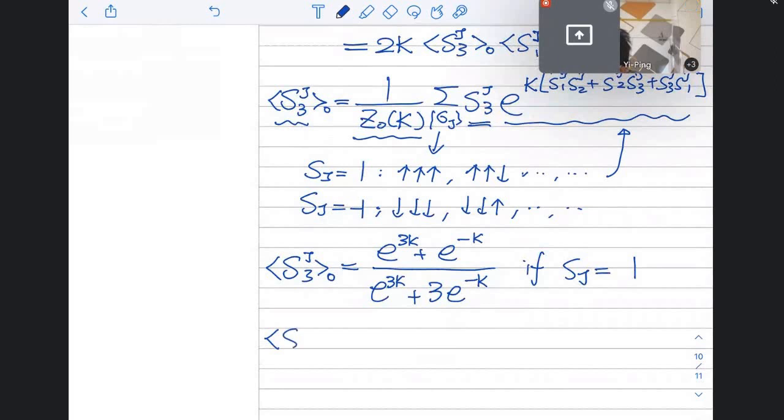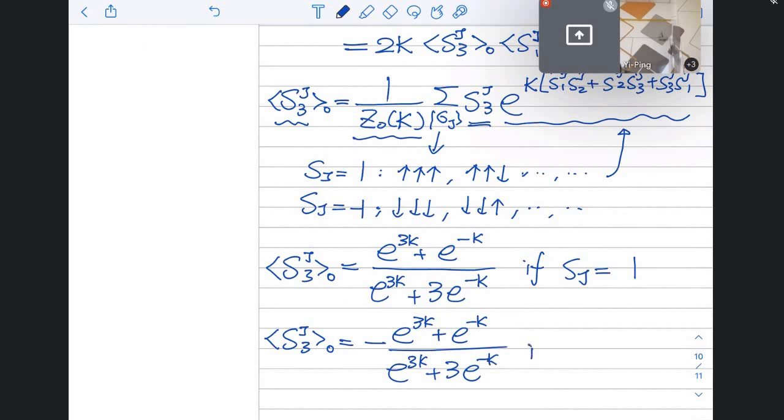And it will be equal to the other answer, which differs from the previous one by a sign, if you live in the opposite sector. Okay?